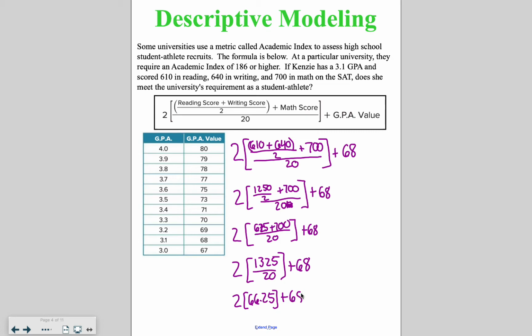Next is my multiplication by 2, which is going to give me 132.5 plus 68 gives us Kenzie's academic index score of 200.5. If the university requires 186 or higher, yes, Kenzie would qualify as a student athlete that could compete for them.